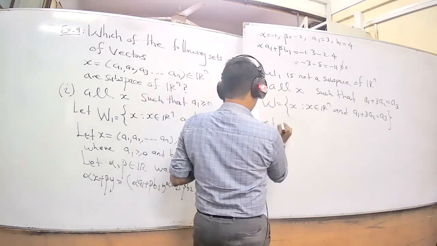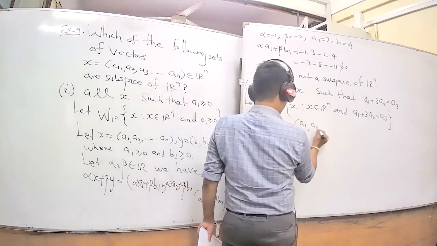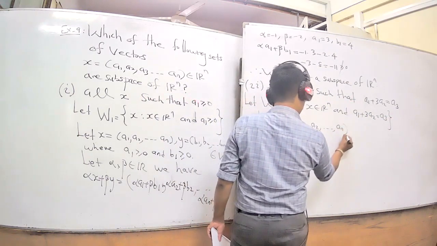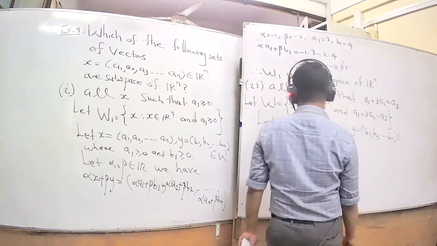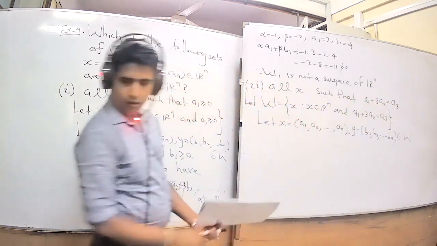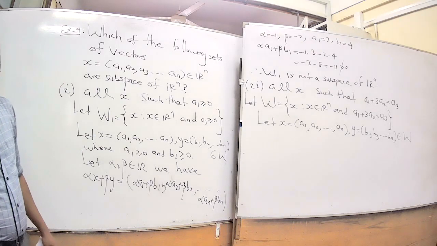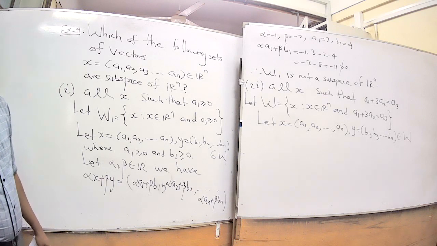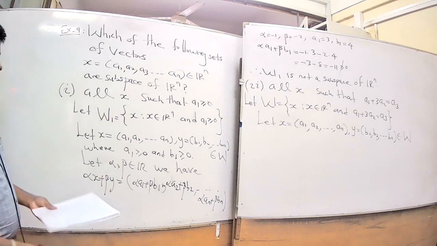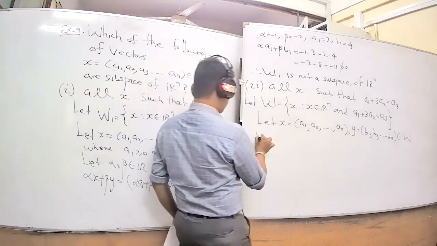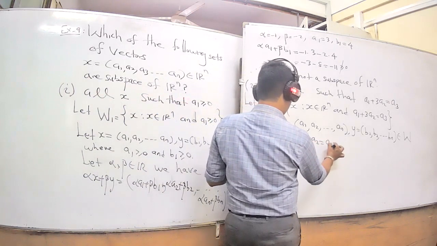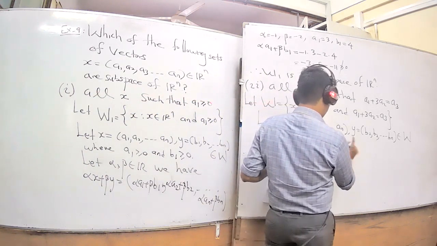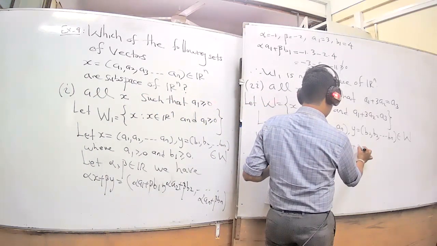Let x = (a1, a2, and so on, an) and y = (b1, b2, and so on, bn), both belonging to W. Where a1 + 3a2 = a3, and b1 + 3b2 = b3.